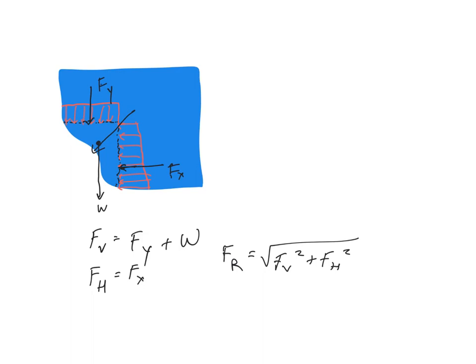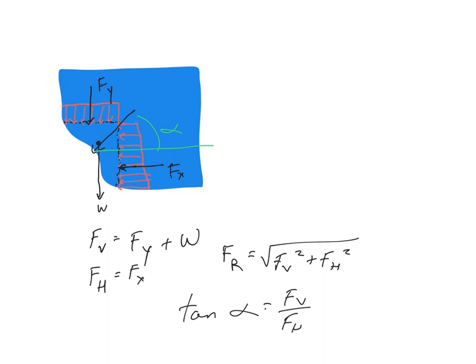The angle that would make with the horizontal would be related to the magnitudes of F sub v and F sub h. Say this is a horizontal line, this angle here, alpha, we would say the tangent of alpha would be equal to F sub v over F sub h.